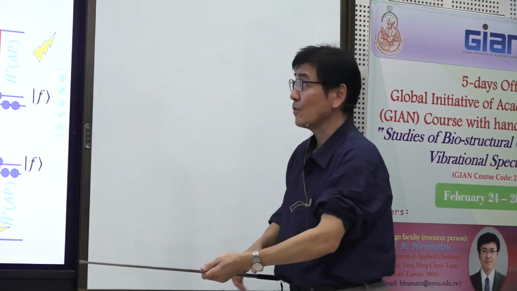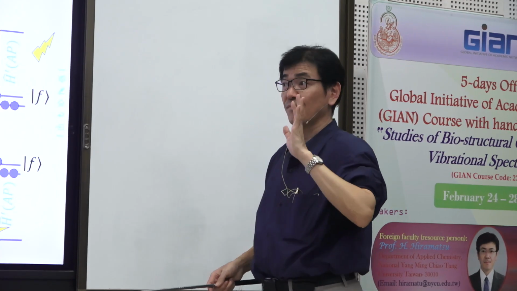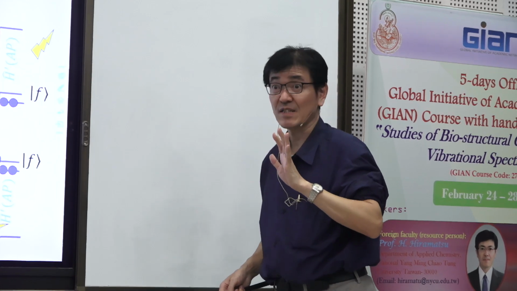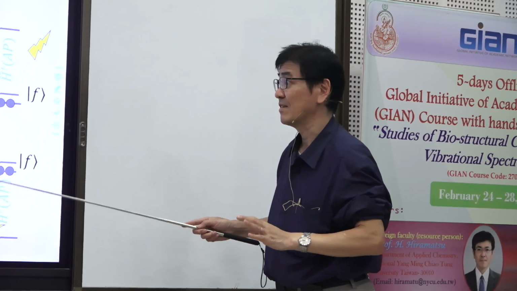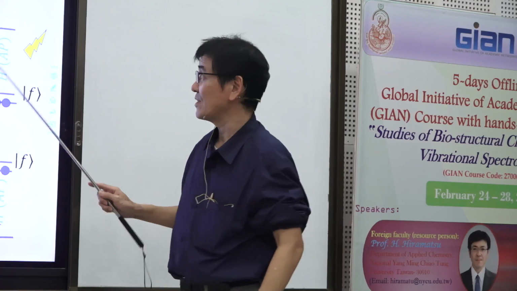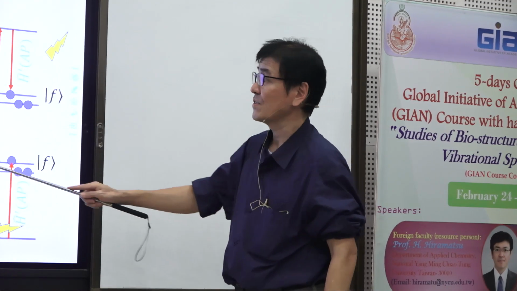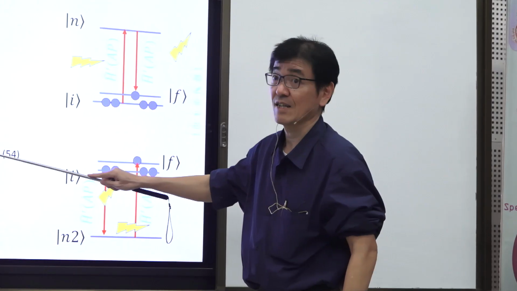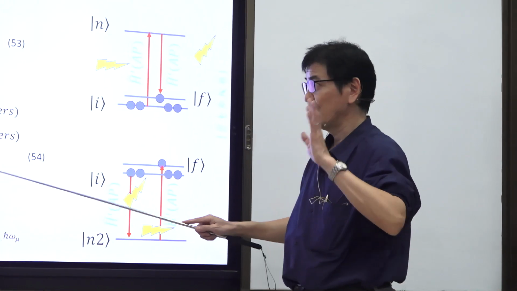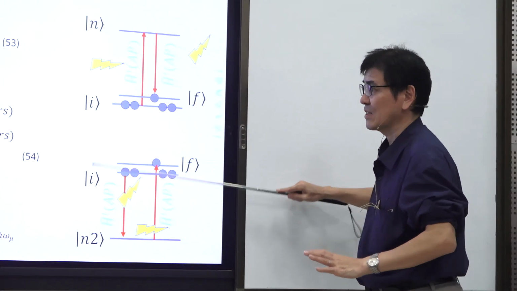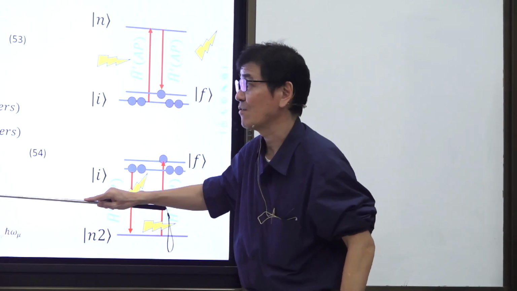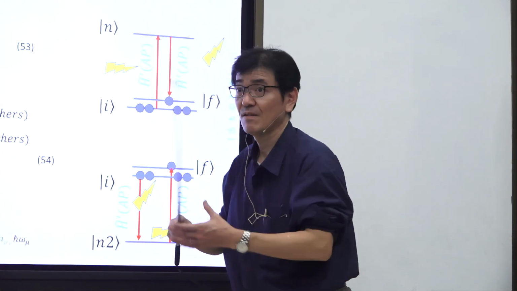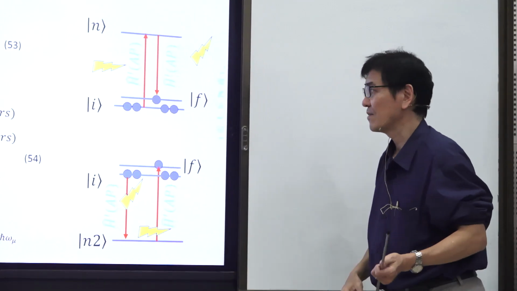Based on the formulation, it's possible to consider another pathway. In this case, one photon decreases first, then one photon increases next. But an equally possible pathway is that one photon increases first, one photon decreases next, the opposite order.